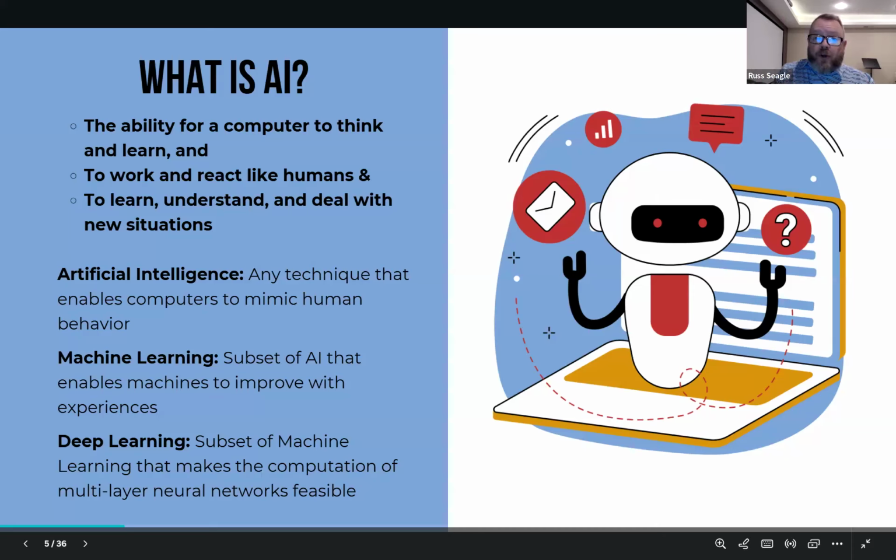AI is going to learn as you talk to it, as you interact with it. It's going to learn and adapt and give you more information, better output, better results. Artificial intelligence is anything that allows and enables a computer to mimic human behavior.